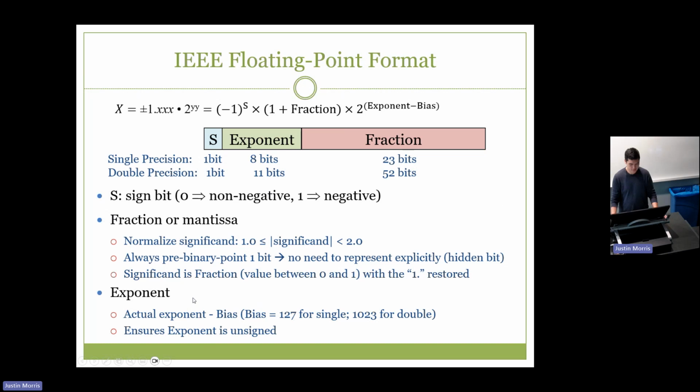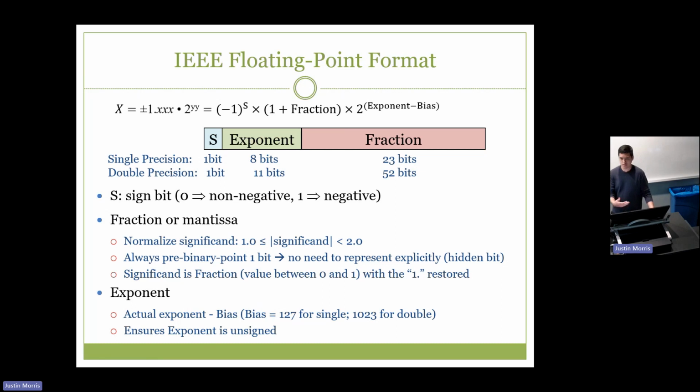For our exponents, the actual exponent is going to be, if you want the number as a whole, you take this exponent and subtract the bias. That'll give you the real exponent. So the bias for single precision is 127, and that's because we have 8 bits. I can represent 256 different values with 8 bits.